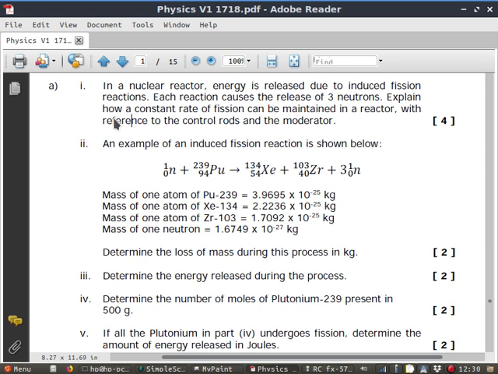And control rods are used in a nuclear reactor to control the fission rate of uranium and plutonium.